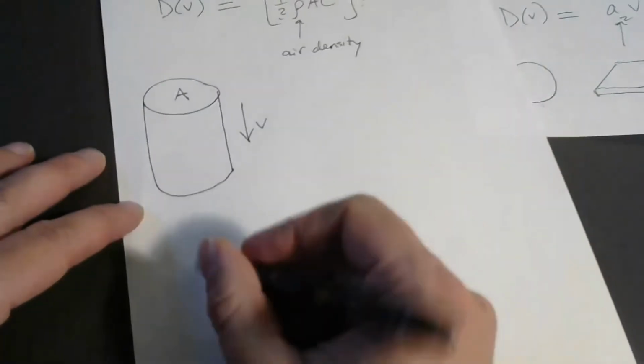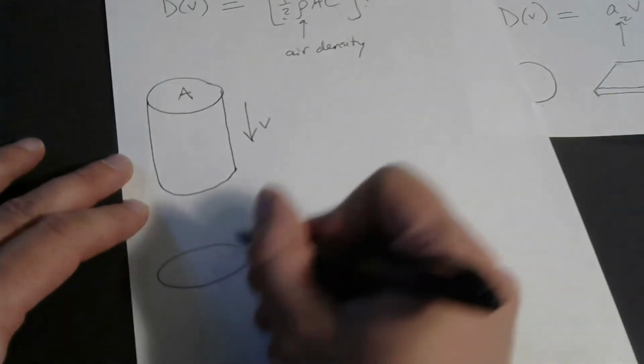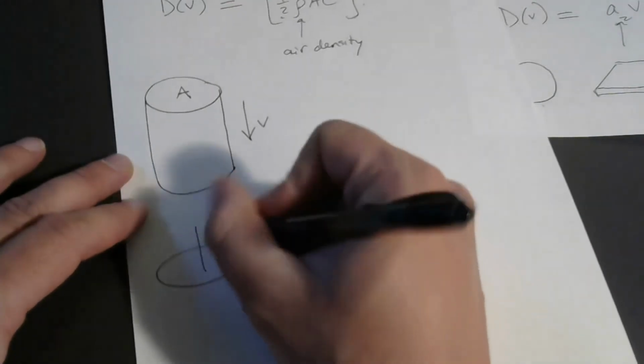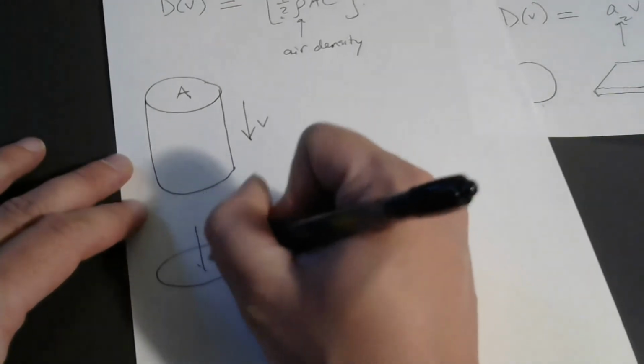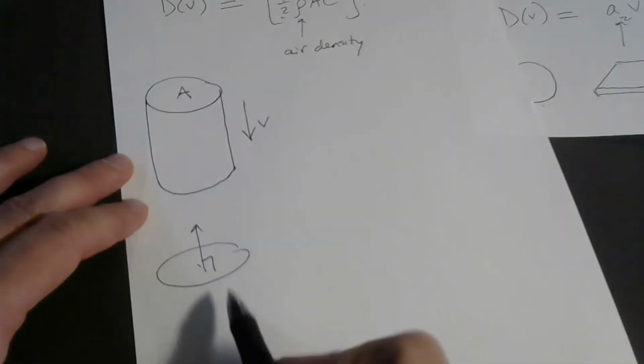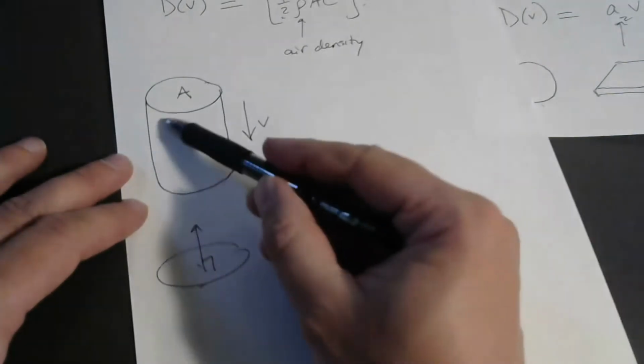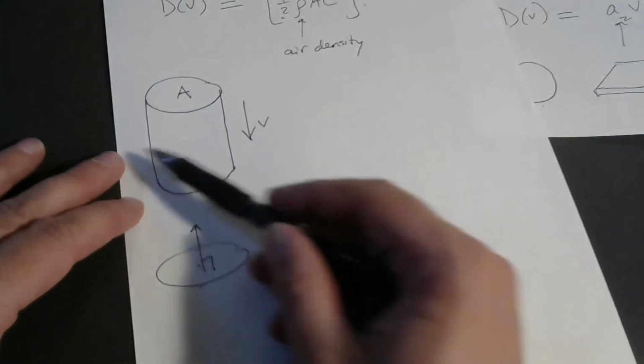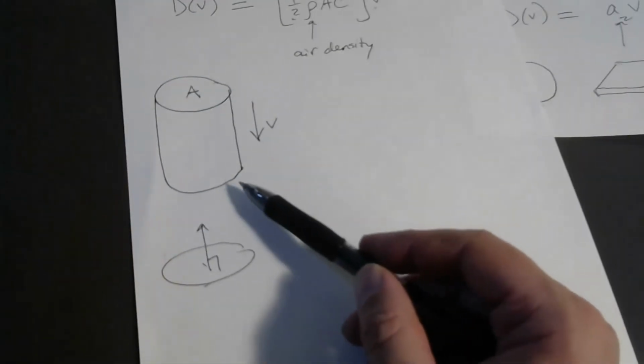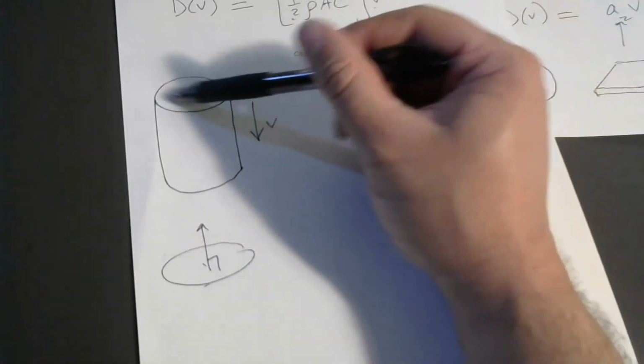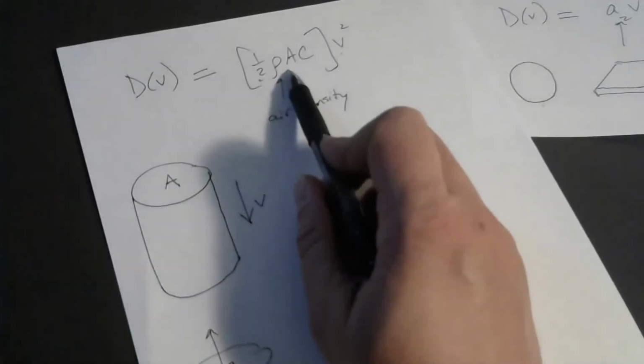It's really just the area that is perpendicular to the velocity. So the velocity is this way, and you're looking at the area that's perpendicular. We're not interested in the lateral surface area. Like if you took the label off that can of beans and measured the surface area of that, we don't care about that. It's the area that's perpendicular to the velocity. That's the A that goes in there.